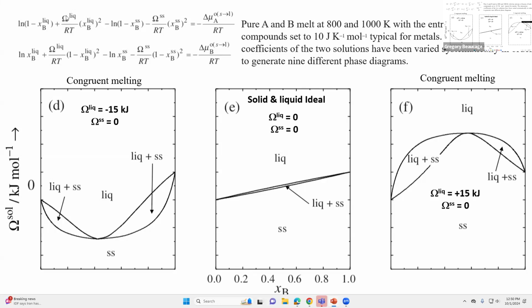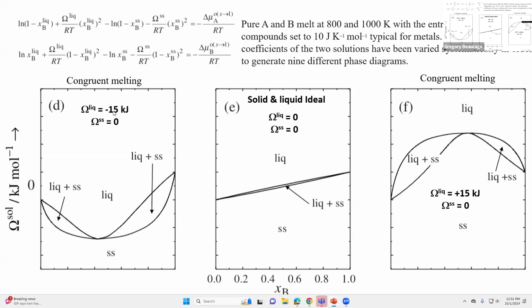So if it's an ideal solution, those things are zero, and then it's just the ideal mixing. That's the thing we did first, where you got the ln of the compositions, and that gives you the phase diagram. So you have two parameters to play around with. The liquid phase, where A and B mix, has an interaction parameter, and then the solid solution phase where they mix has one too.